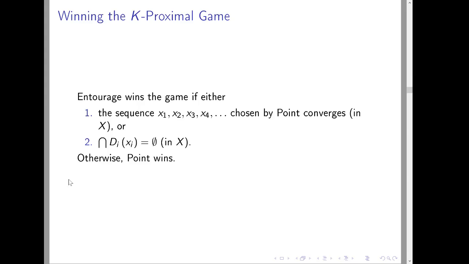The winning criteria is the same. Entourage again has two ways to win. Either the sequence chosen by point converges, or the intersection of the D balls created along the way is empty. I put here in parentheses "converges in X" and "intersection is empty in X", because I'm trying to emphasize this is not the same thing as playing the proximal game in the subspace K. If neither of these two things happens, then we'll say that point wins.